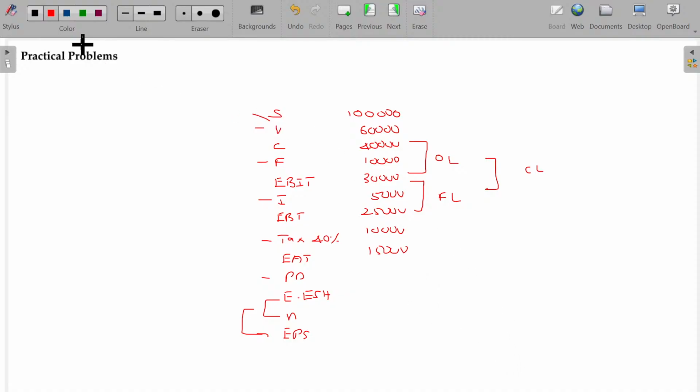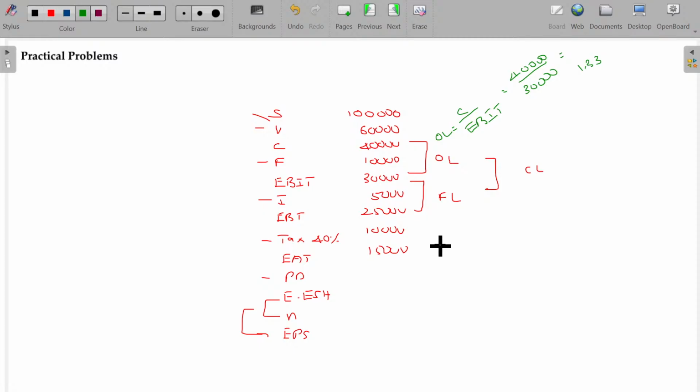In case of operating leverage, the formula is contribution by EBIT. In this case, the contribution is 40,000 and EBIT is 30,000. Then your operating leverage is 1.33.